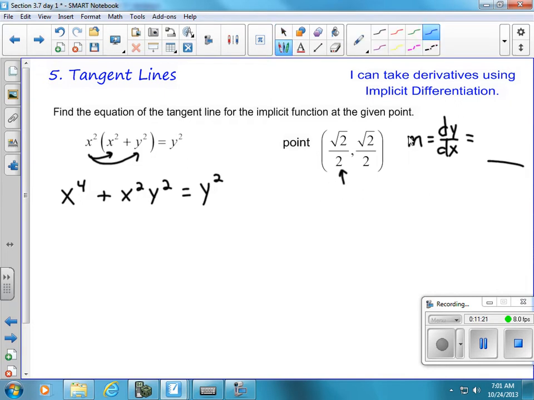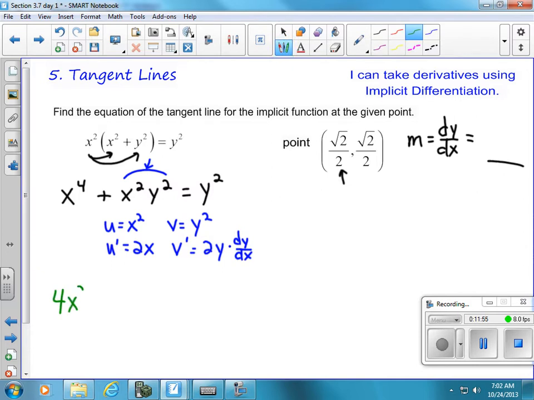Let's start by making u equal to x squared and v equal to y squared. Then our derivative of u, we know, is 2x. Our implicit derivative of y squared is 2y times dy/dx. So that's just to do the derivative of that x squared y squared term. Let's put this all together right now. The derivative of x to the 4th is 4x cubed.